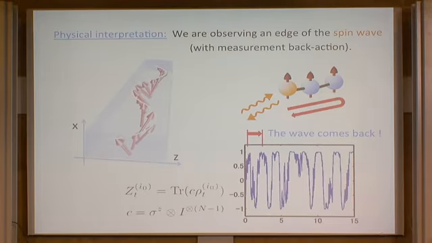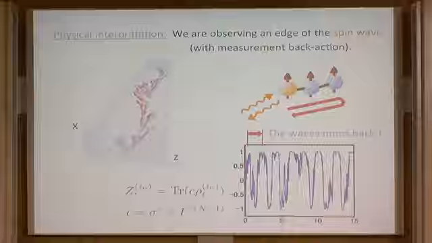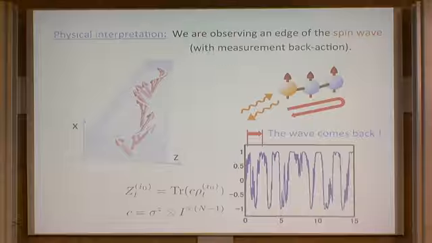And here's a typical physical interpretation. Because the Z component is preserved, we are just observing the edge of the network, the spin wave. The spin waves occur in the network.